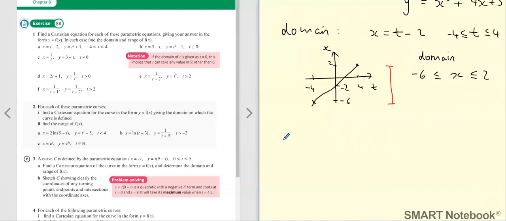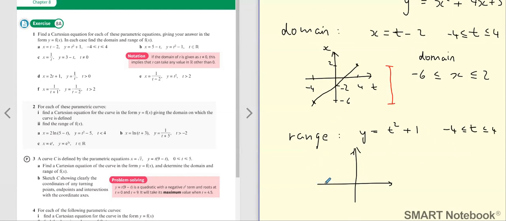Right, okay. Now let's have a look at the range. So for the range, we are going to sketch y against t, and y was t squared plus 1. And that is going to be between -4 and 4. So at -4, -4 squared is 16 plus 1 is 17.